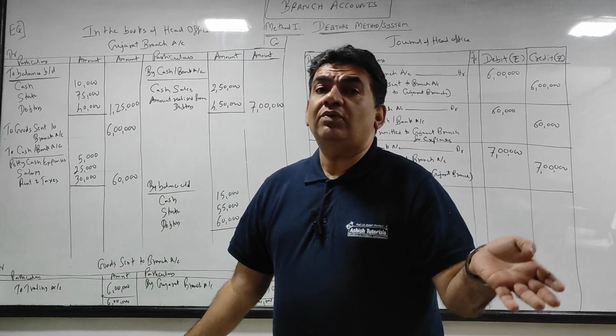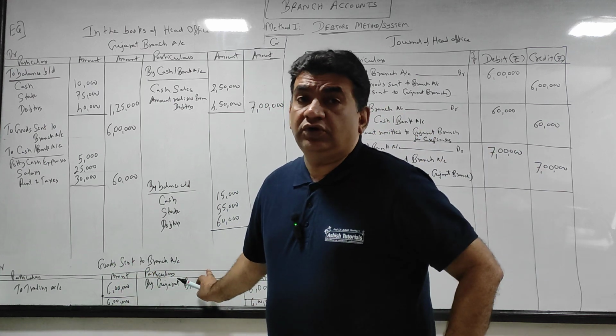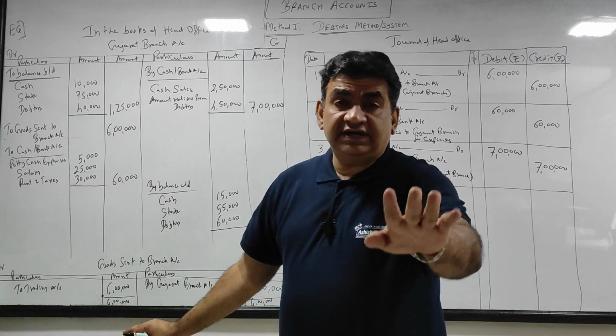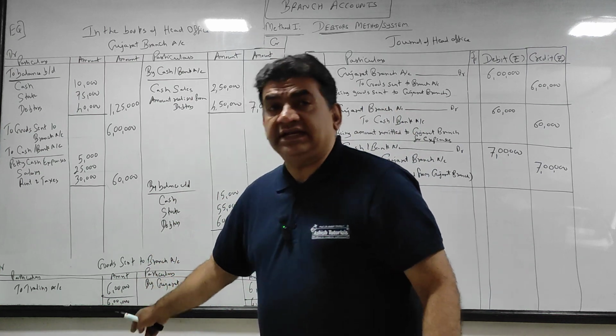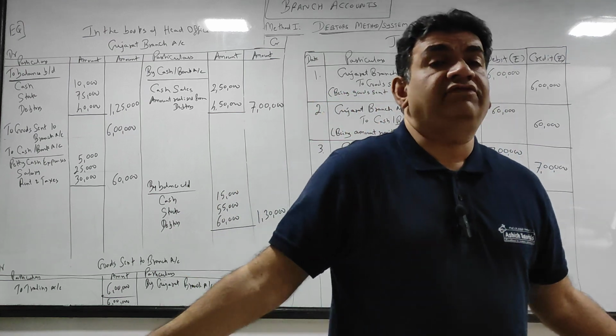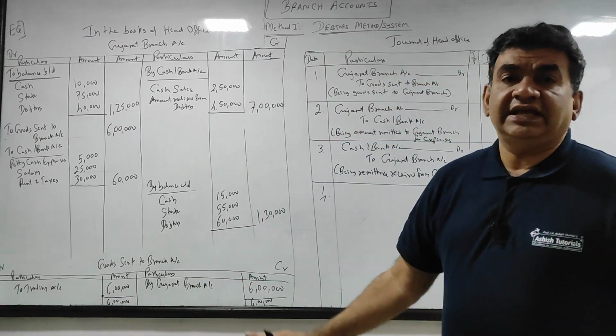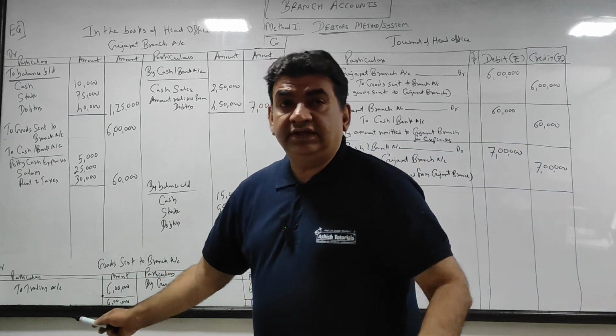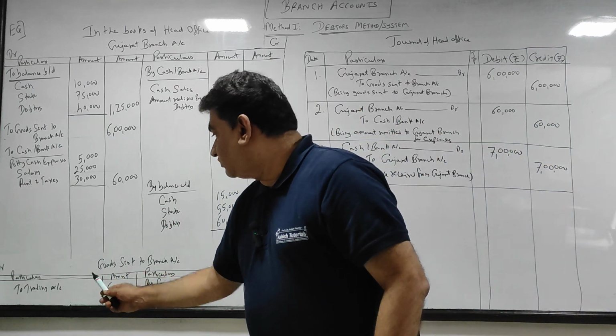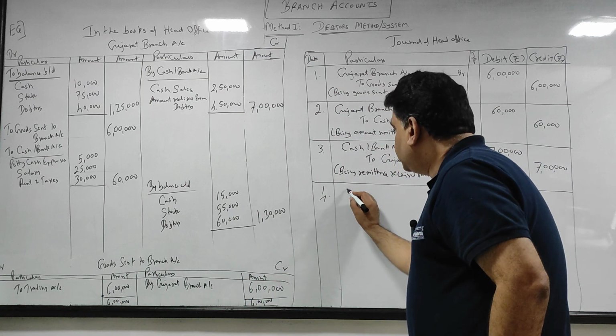So in order to avoid confusion, I have made you all do this. Those who are comfortable that there is no need to do this, but we can pass this entry, you all don't have to make. और जिन्हें confusion है, please do it. So now goods sent to branch goes to trading. So entry क्या हुई? Goods sent to branch to trading. Come to the journal.